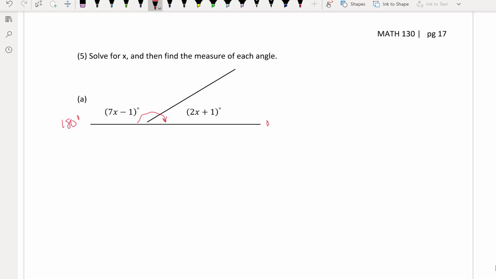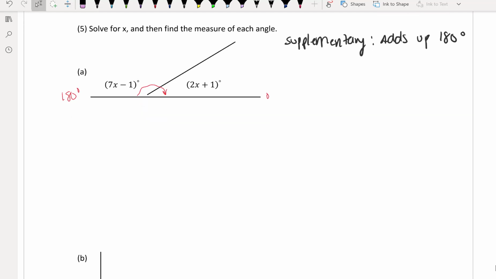So here you can say that these are supplementary angles, and supplementary angles are the ones that add up to 180 degrees. So both of these added together should give me 180 degrees. So I have this 7x minus 1 plus this 2x plus 1, and it should equal 180 degrees.